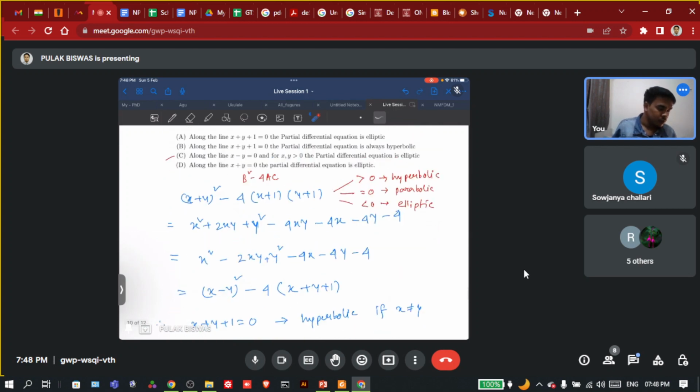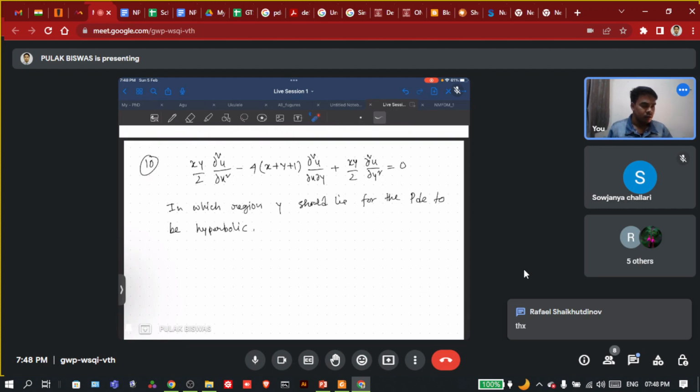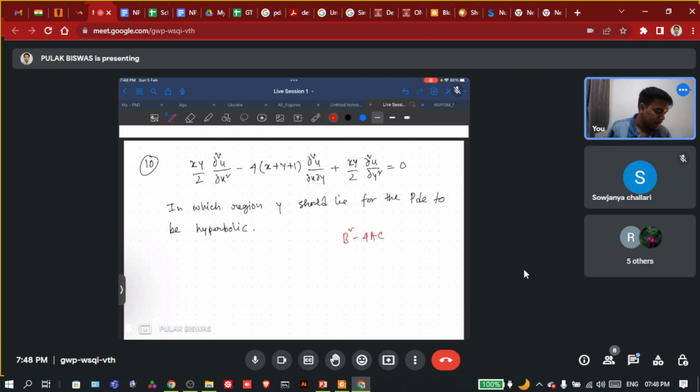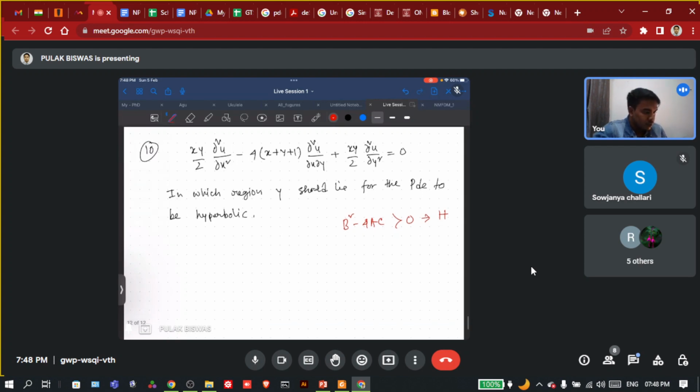Okay, b square minus 4ac greater than or equal to 0. For R means, let me write down the options as well.